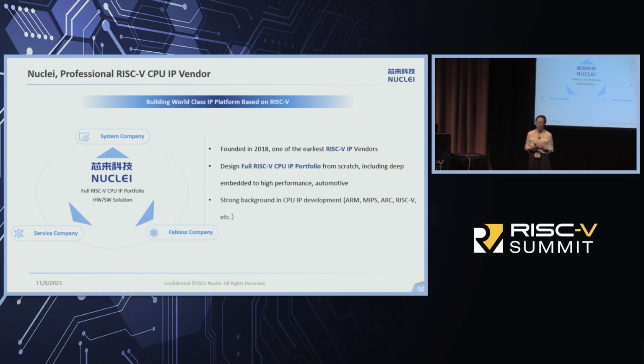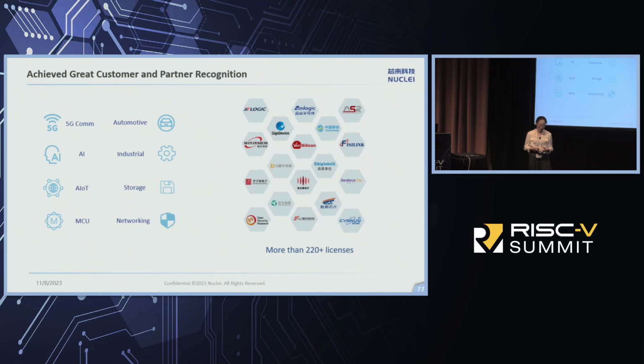The key team of Nuclei has a lot of CPU implementation experience, including ARM, MIPS, ARC, etc. Up to today, within 5 years, we have more than 220 licenses. Most of those logos are probably domestic in China, such as China Mobile, GigaDevice, and Amlogic, which you may be a little familiar with.